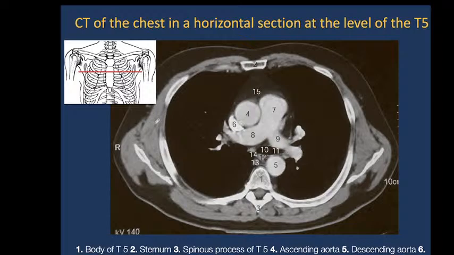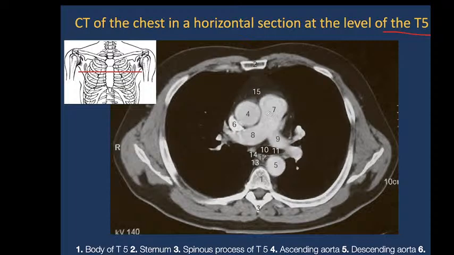CT of the chest in a horizontal position at the level of the fifth thoracic vertebra shows us different organs of the chest.